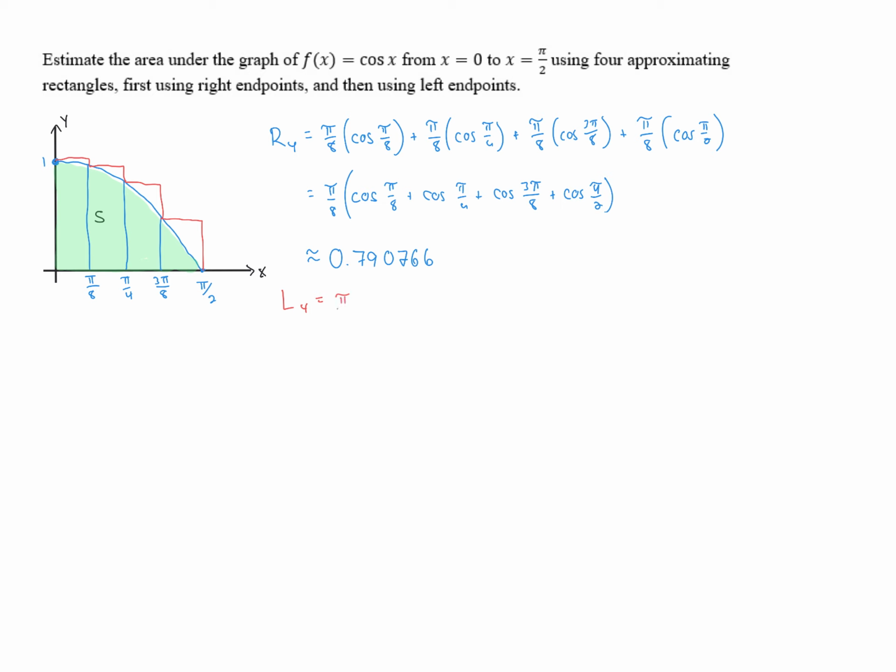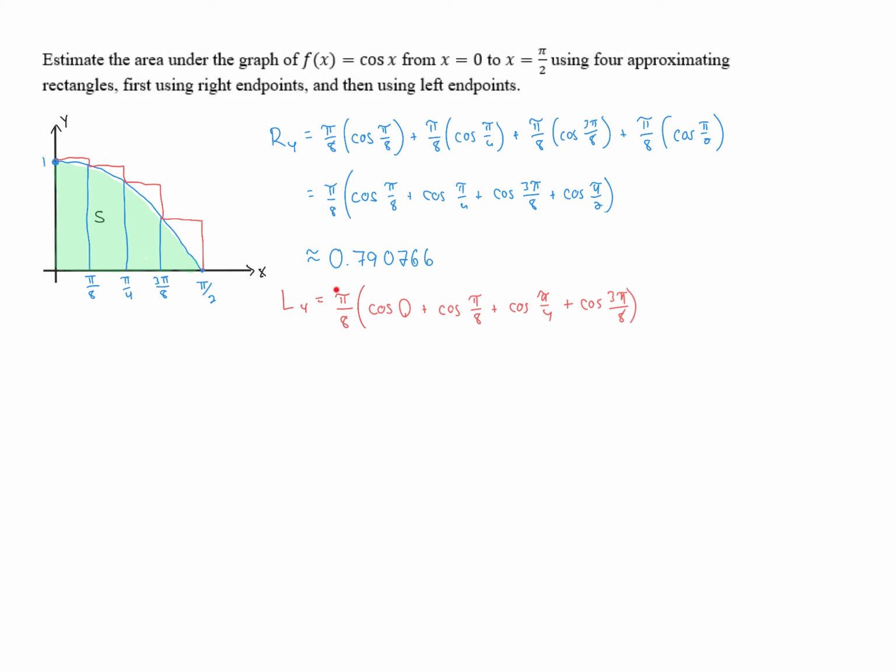All of those widths are still going to be pi over 8, but then when we're evaluating the heights, we need the function value at the left endpoints. So that's going to be cosine of 0 plus cosine of pi eighths plus cosine of pi fourths plus cosine of 3 pi over 8.